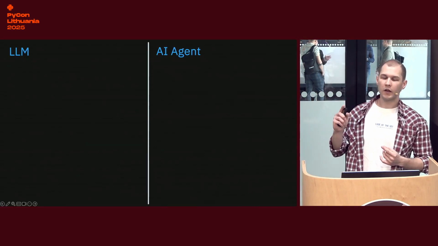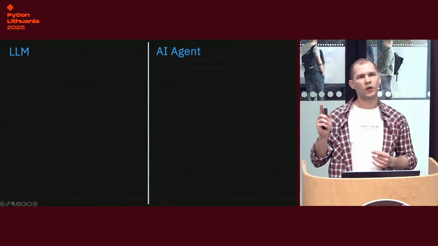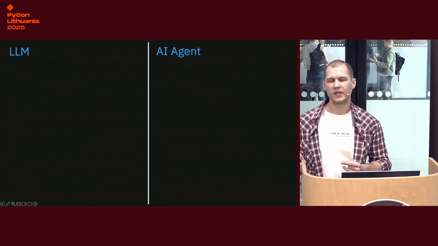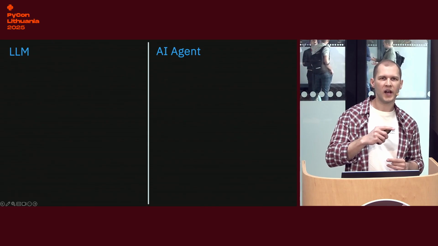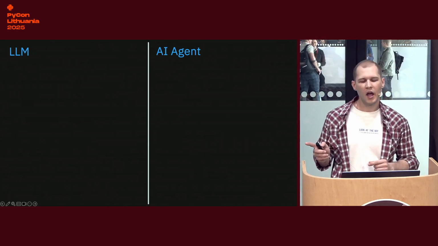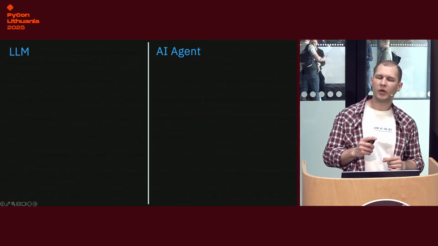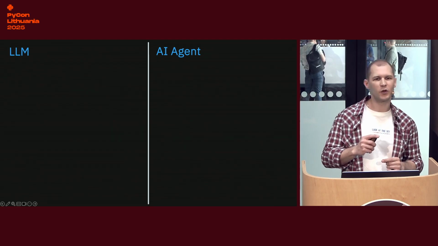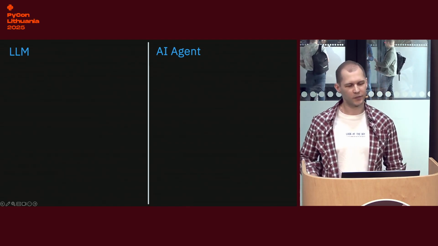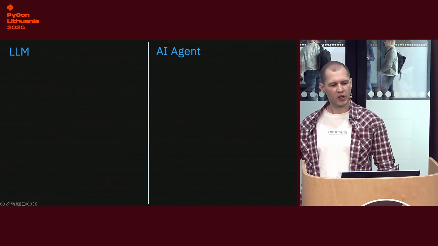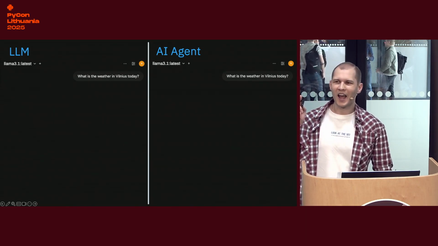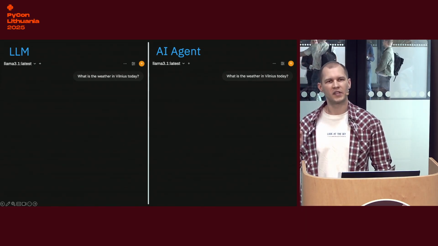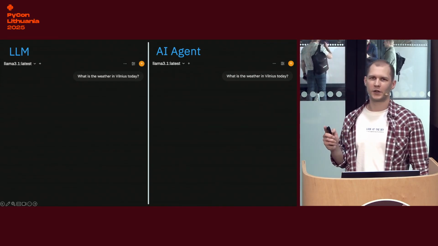Here I'll show you the behavior of two different AI systems. On the left side, we have a system which utilizes a large language model. And on the right side, we will see a system that utilizes an AI agent. I'll ask the same question to both of the systems. What is the weather in Vilnius today?